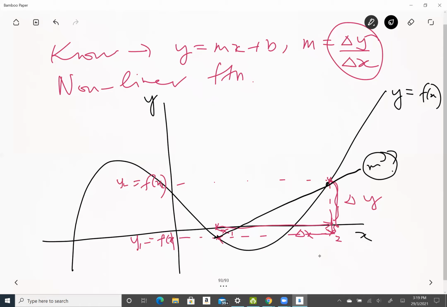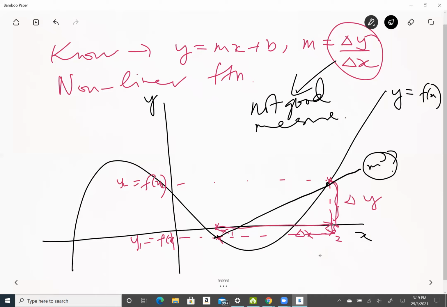So you need a better measure. This one is not good. Of course, you can do that, but it is not a good measure. So you want to find a better measure. That's why we use the derivative.